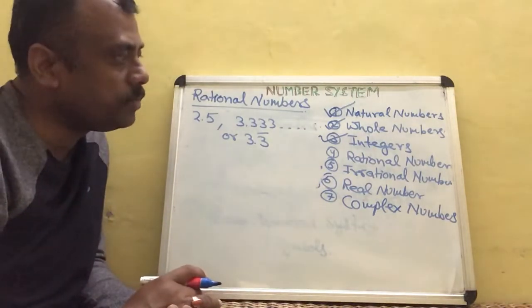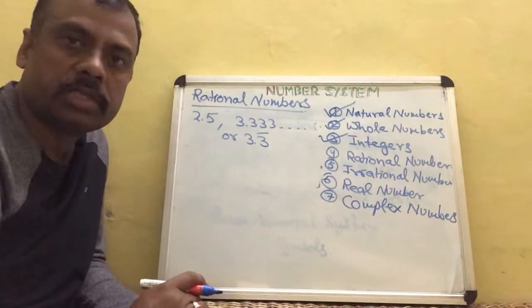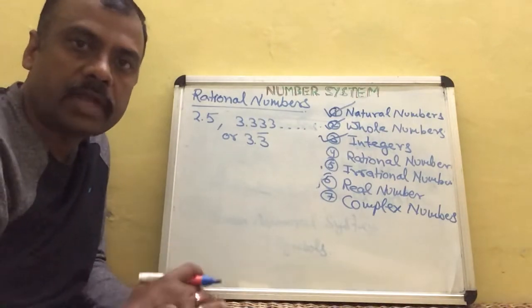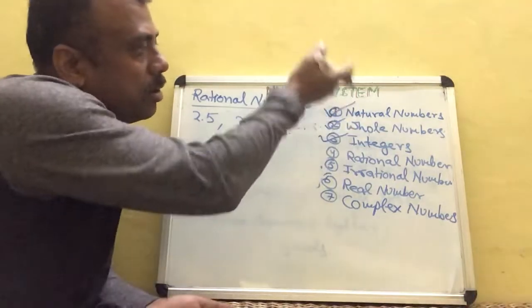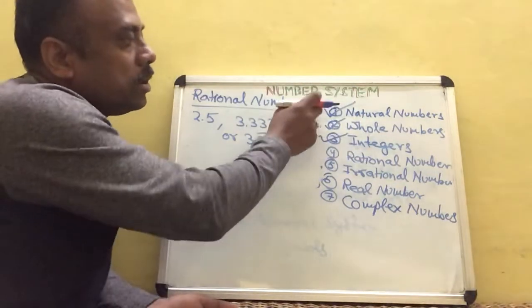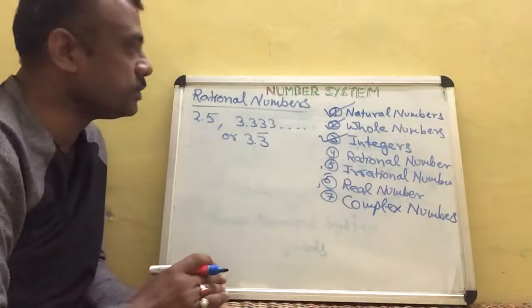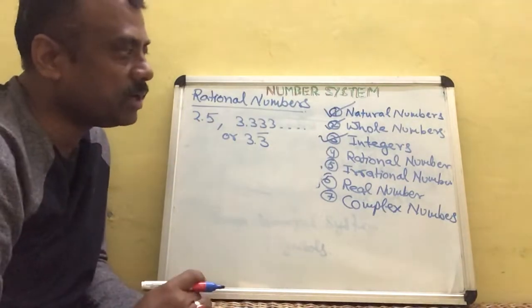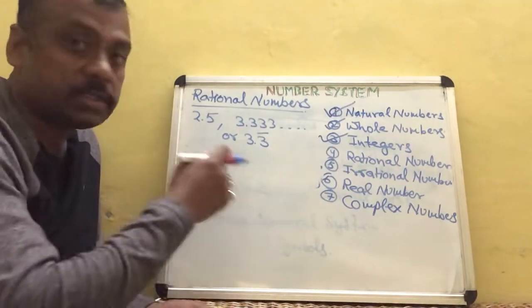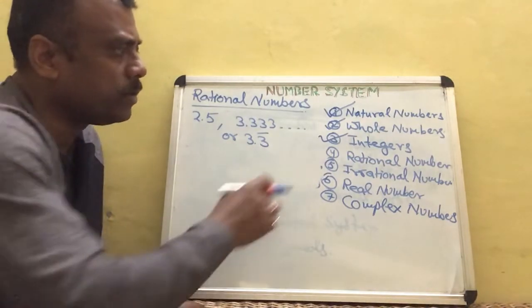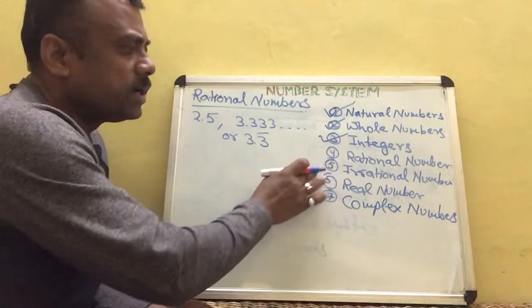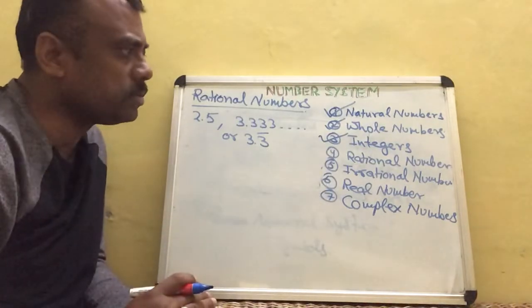So let us develop another number system, that is called the rational number system, which will have this type of numbers, and all the numbers above have already come in it. There is no particular symbol for this rational number system.